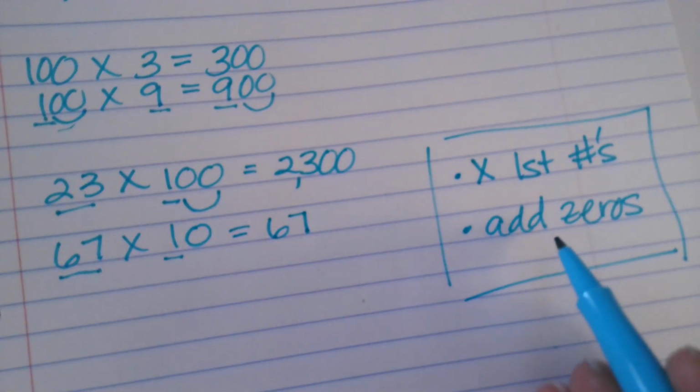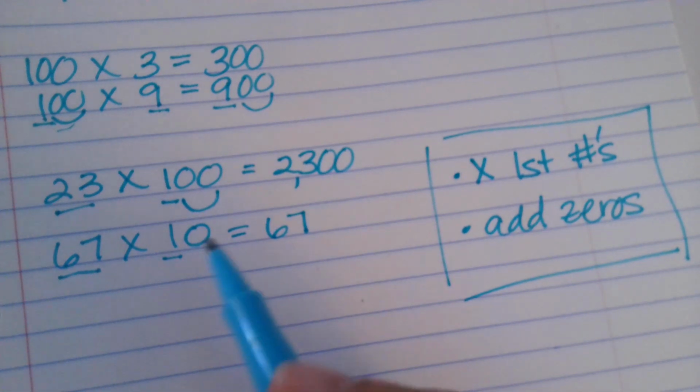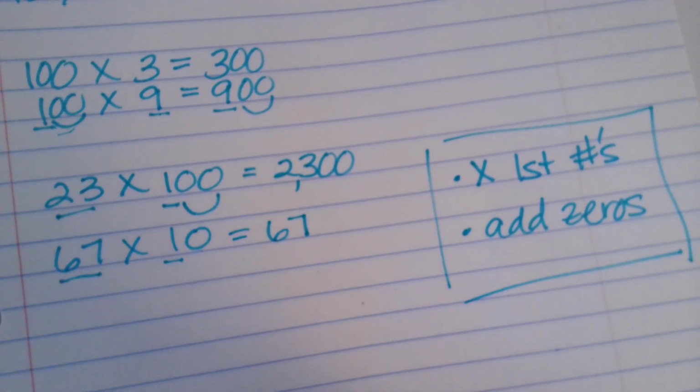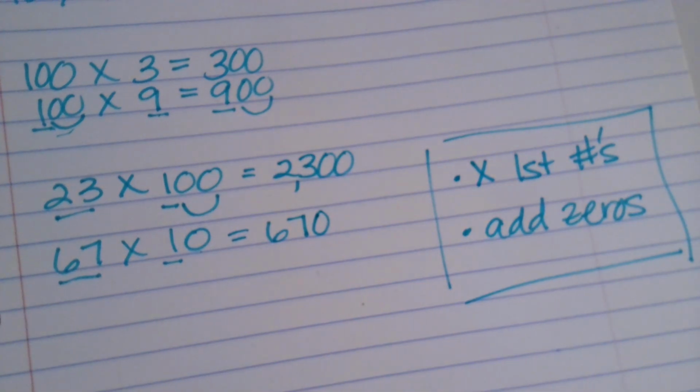Then we add the zeros. We don't add as many zeros as we want. We add however many zeros there are in our problem, which gives us a 0, okay? 670.